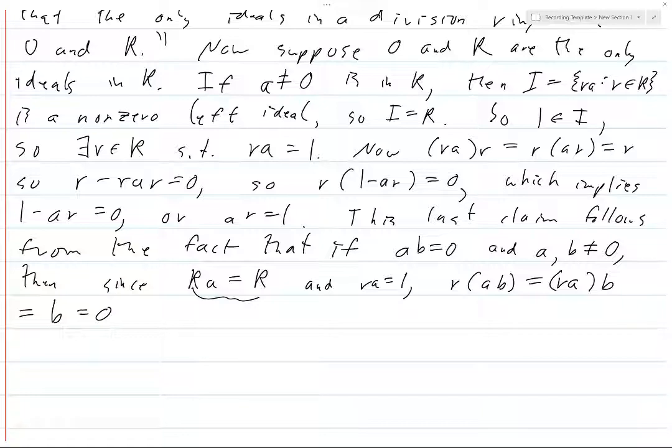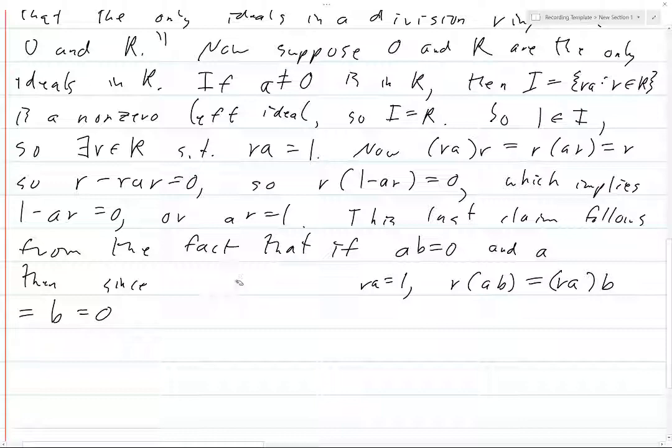Right. So let's see if we just started from here. r times this product ab. So suppose ab equals 0 and both a and b are non-zero. So let's write it like this.